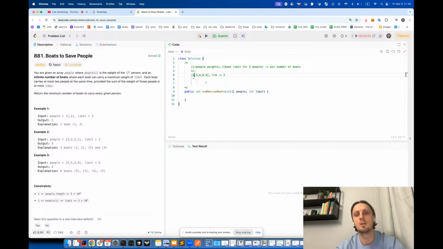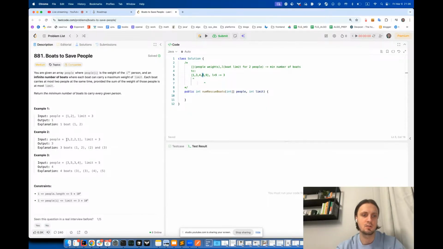So we have 2 pointers from both sides and a limitation. If limit minus right and limit minus L is greater or equal to 0, it means that we can put these 2 persons. If it's less than 0, then we can put only this person here, and we move this pointer here.